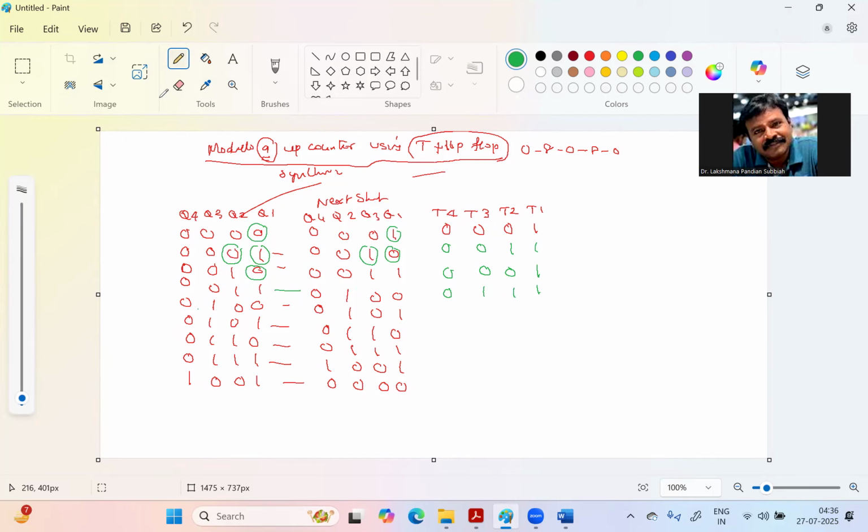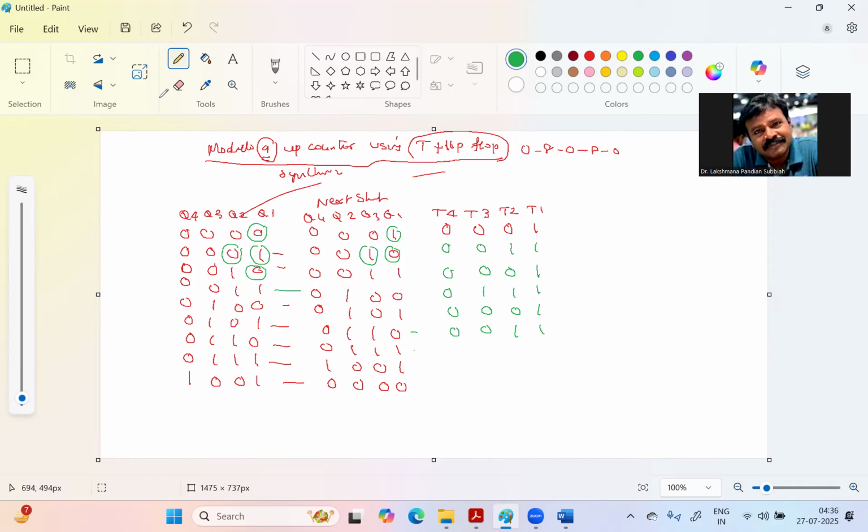Right. Then here we have to consider only the last bit change: 0, 0, 0, 1. Next, here we have 0, 1, 0, so the last 2 bits change: 0, 0, 1, 1.